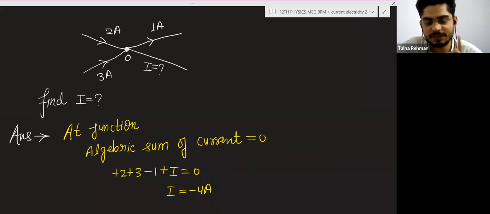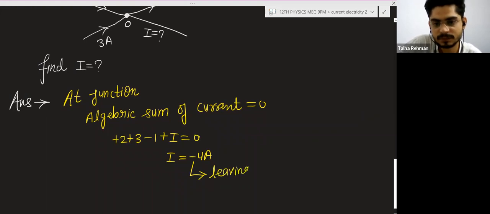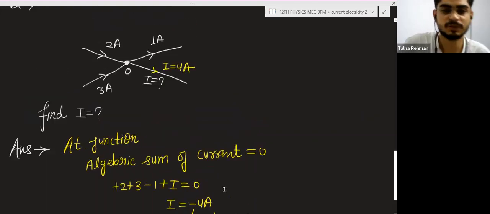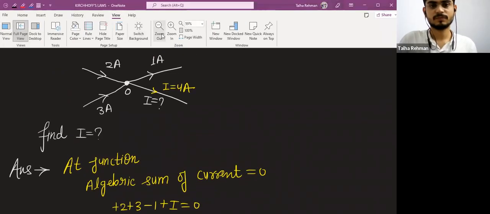If the sign of the current is negative, this negative sign shows that the current is leaving the junction. So this I is equal to 4 ampere. So in this way you will solve the question. Got it or not? Hamza?